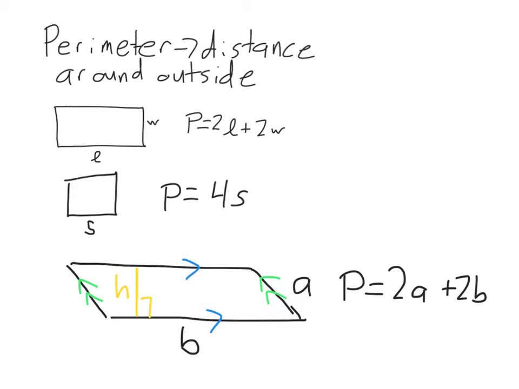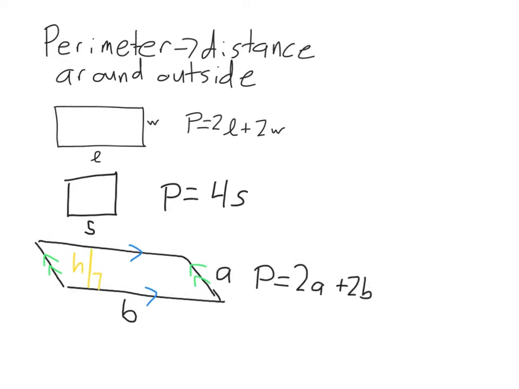But are all parallelograms rectangles? No. What does this not have that a rectangle must have? Right angles. Parallelograms do not have to have right angles. So that's the difference between them. All right? So again, it looks very similar to the rectangle formula. It's because a rectangle is one of these. It is a parallelogram.